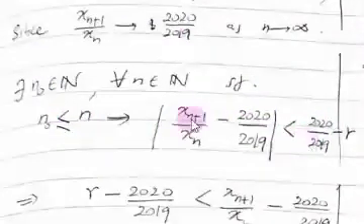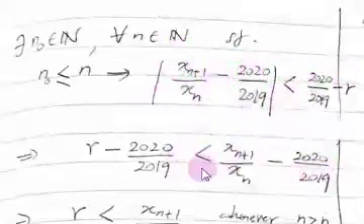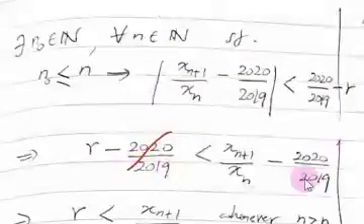So we can simplify this inequality. We can remove this modulus sign, and I considered only the left hand side here. So this ratio minus 2020 over 2019 is less than the negative value of epsilon. Then you can simplify; here you can cross this off.